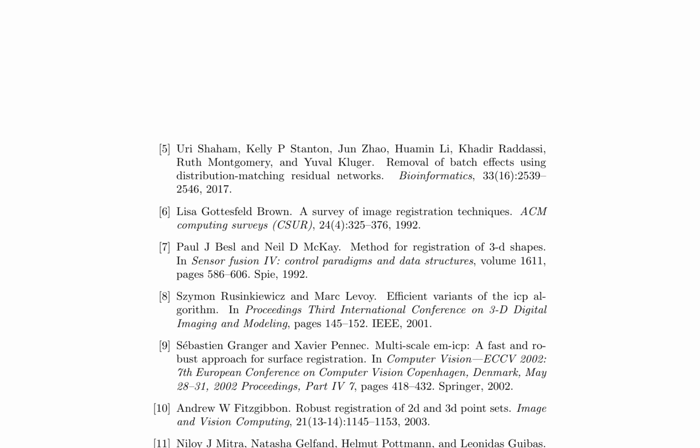Point set registration, a fundamental problem in computer vision and robotics, has been extensively studied in the literature. This review provides an in-depth analysis of existing methodologies and techniques used to solve this complex issue. The authors present a comprehensive list of algorithms, each with its own strengths and limitations.